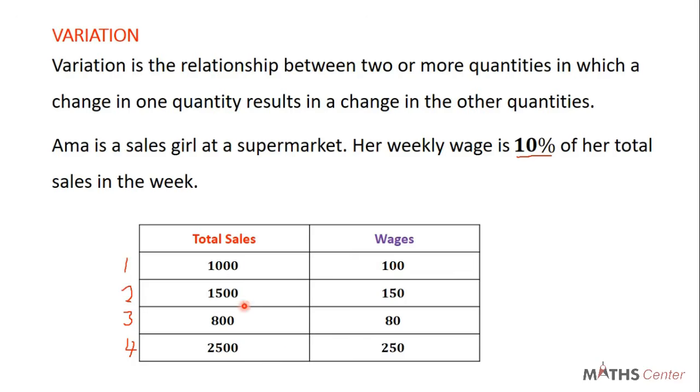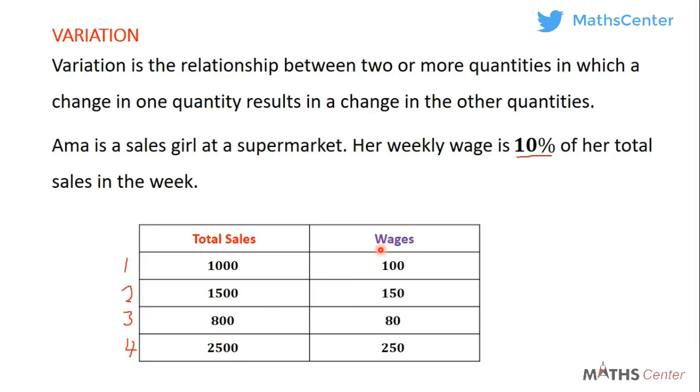You can see clearly from this table that as her total sales increases, her wages will also increase. As her total sales decreases, her wages will also decrease. So looking at this table, we can see that there is a relationship between the total sales and the wages, such that as the total sales changes, her weekly wage will also change.